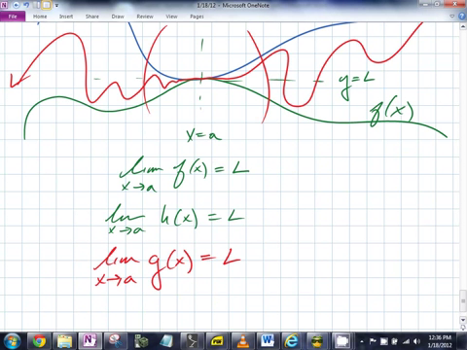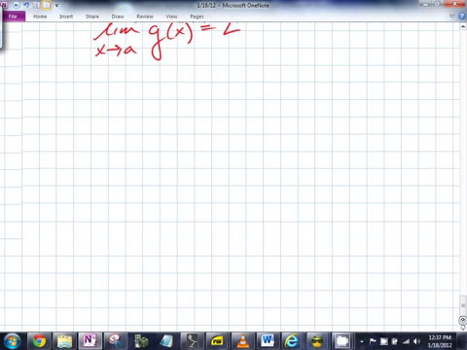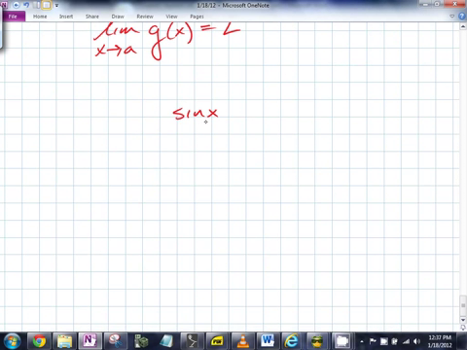Okay, so for example, let's look at this function, sine x over x squared. Can I multiply all those things by the same thing, and is the statement still true?